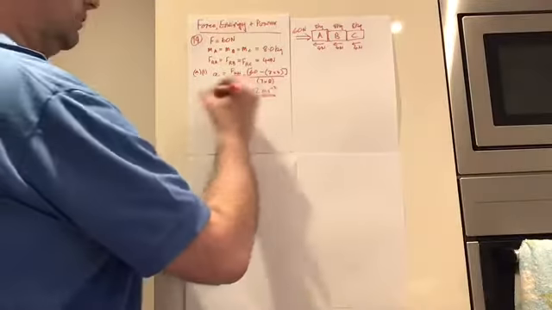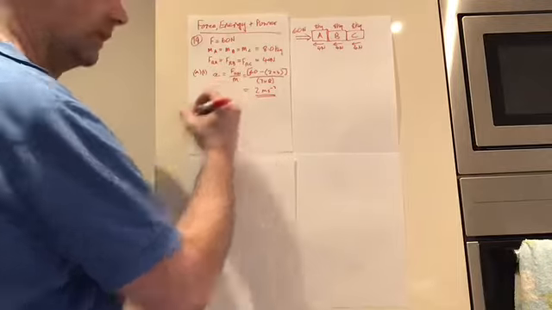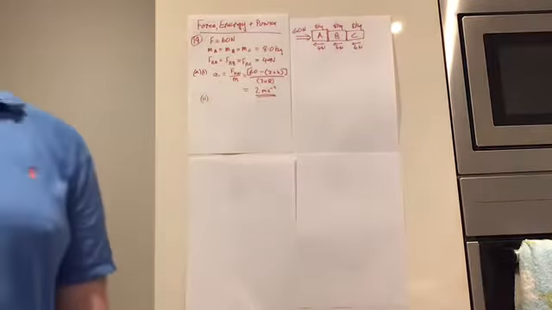So, A part 2, we're asked for the force that block A exerts on block B. Well, let's have a think. Block A must be moving blocks B and C. Therefore, the mass we're interested in must be the mass of B plus C, which is 16 kilograms.